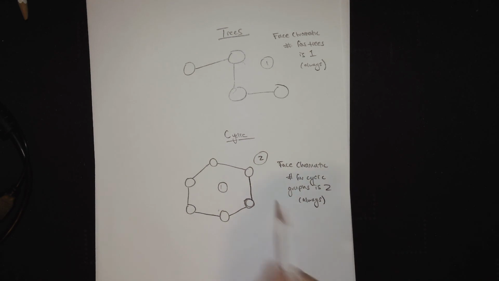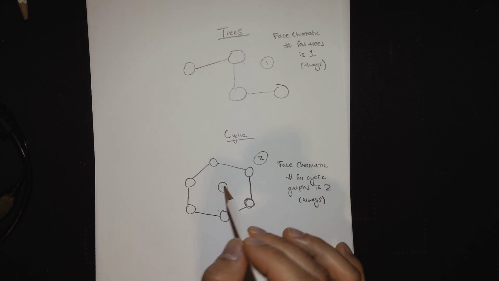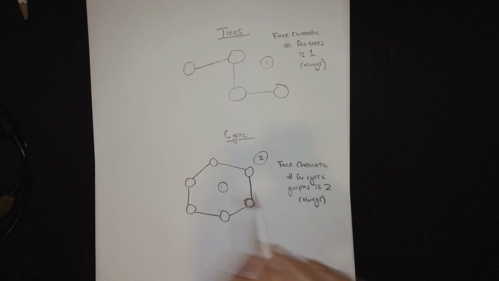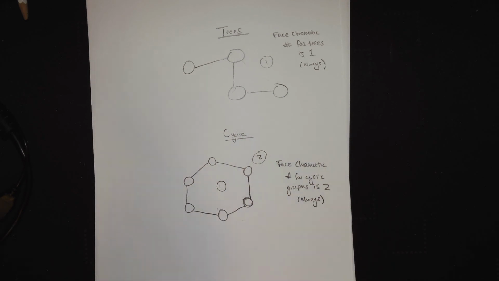Every cyclic graph can be represented in this way, with vertices around a circle and edges connecting them. In that case, we have 2 defined regions, the region on the inside of that polygon, and the region to the outside. Therefore, we only need 2 colors to color the graph, because these are adjacent faces, or adjacent regions, if you will. And therefore the face chromatic number is just going to be 2.